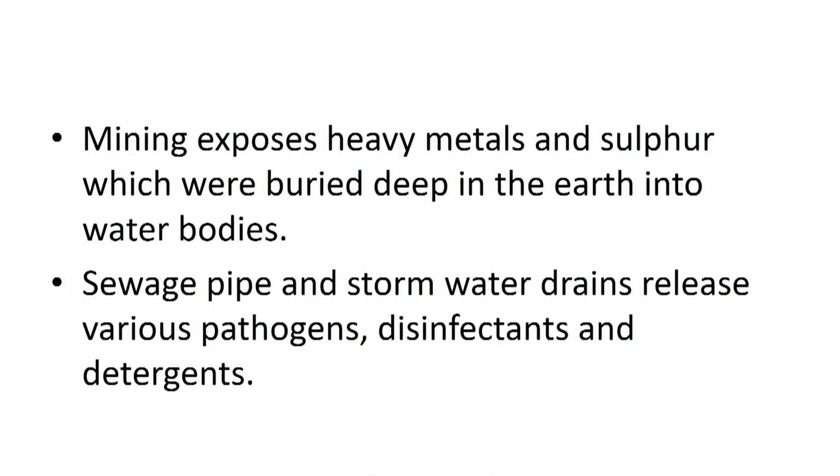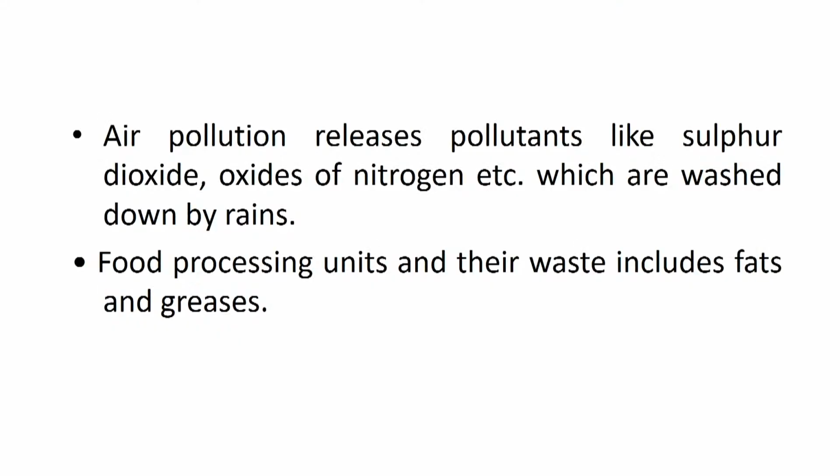Mining exposes heavy metals and sulfur buried deep in the earth to water bodies. Sewage pipes and stormwater drains release various pathogens, disinfectants and detergents. Air pollution also releases pollutants like sulfur dioxide and oxides of nitrogen, which are washed down by rains. Food processing units and their waste, which includes fats and greases, also pollute water.